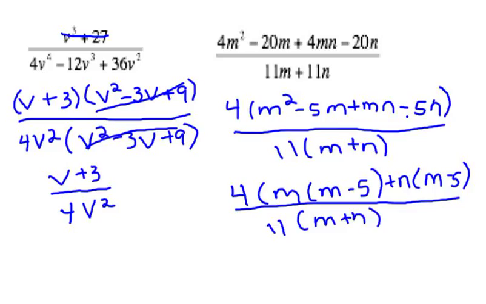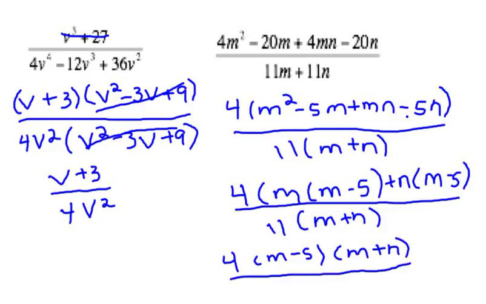So now I have the 4 that I brought out the first time when I factored out the GCF. I have the common m minus 5, and what's left is m plus n, and that's over 11 times the quantity m plus n.